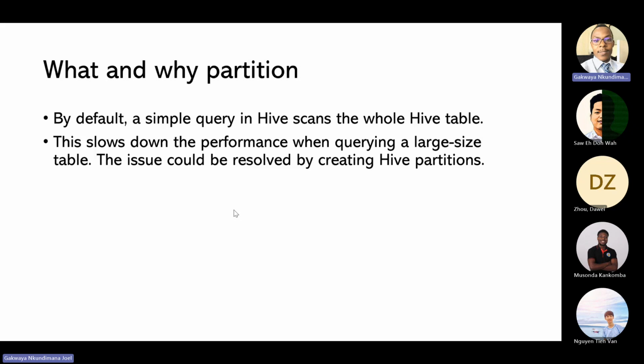So this is going to slow down the performance when querying large data files. To solve that problem, what do you need to do? Create Hive partitions. As you work in the industry, for example, you have huge data for the past one year. So instead of scanning or querying the entire data set, you need to partition based on the categories.